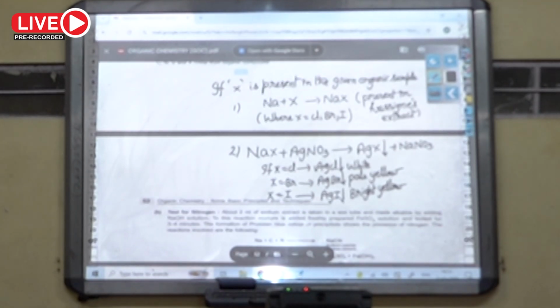So here I write a point: F cannot be detected by Lassaigne's test because AgF is water soluble and does not form any precipitate.